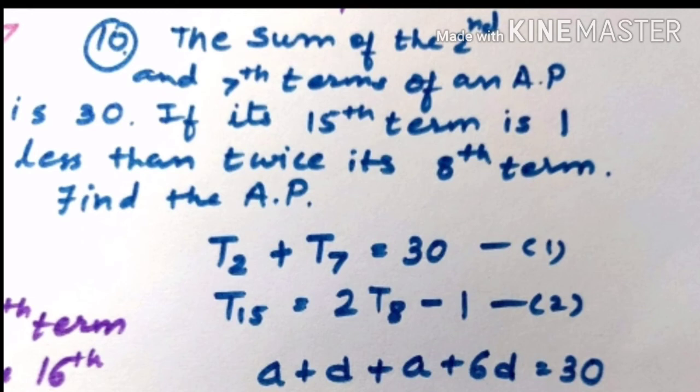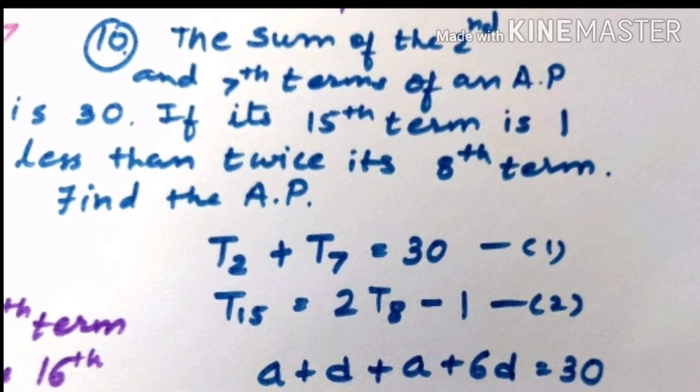Now we want to find the AP. Students, you have to keep in mind that whenever you want to find an AP, you need to find the first term and the common difference. So from the first equation, I will write T2, that is term 2, the formula is A plus D, plus T7. T7 from the Tn formula A plus n minus 1 D is A plus 6D, 1 less than the value 7.